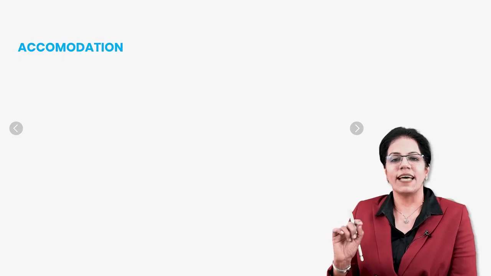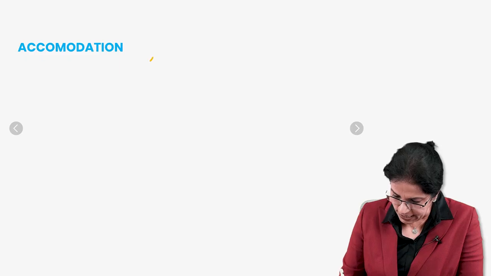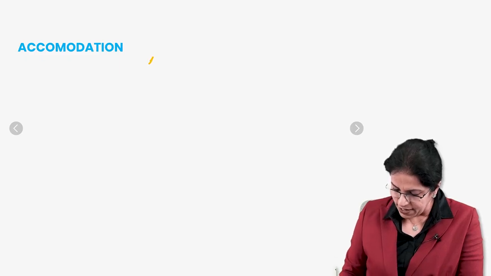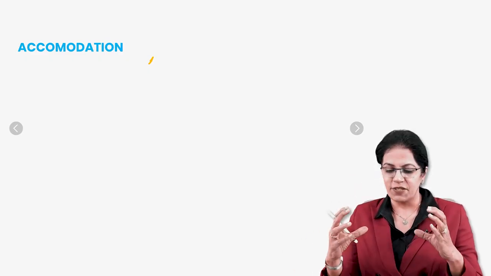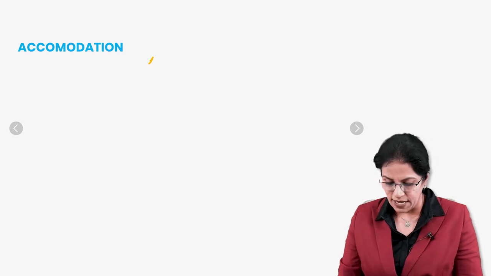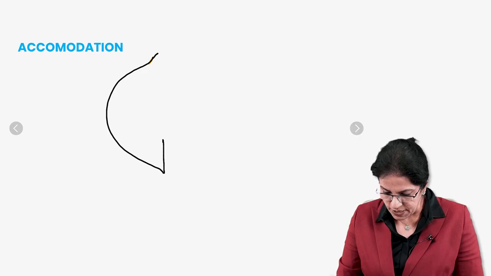Next we talk about is accommodation. Okay, a very quick revision here. What is accommodation? When the patient is looking from far to near, what are the three things happening in his eyes? Convergence, miosis and accommodation. We have already learned, I will quickly revise here, that accommodation has three main steps.